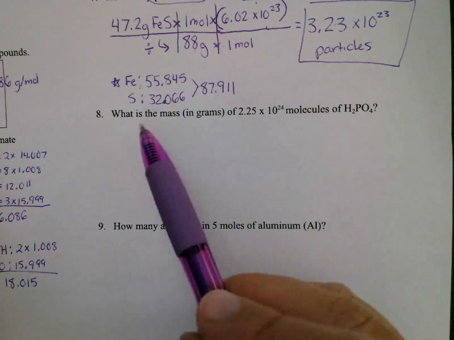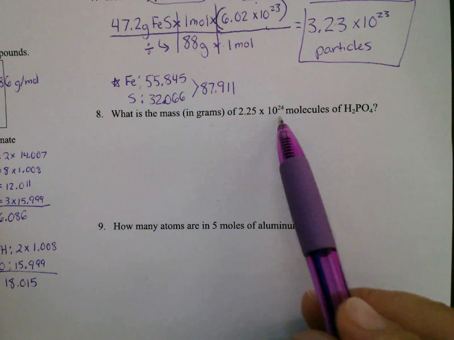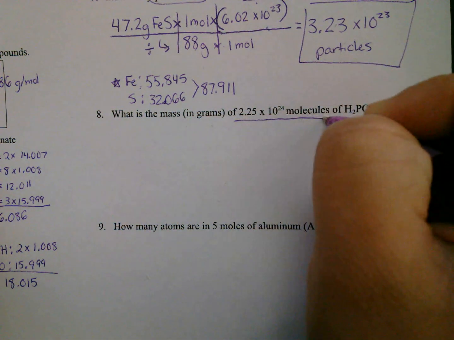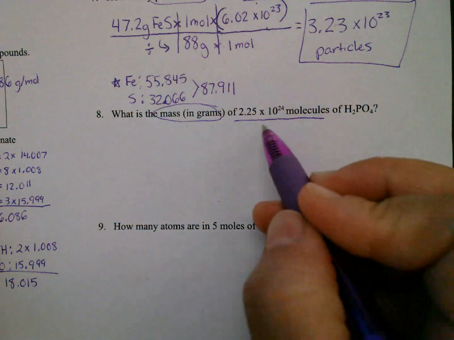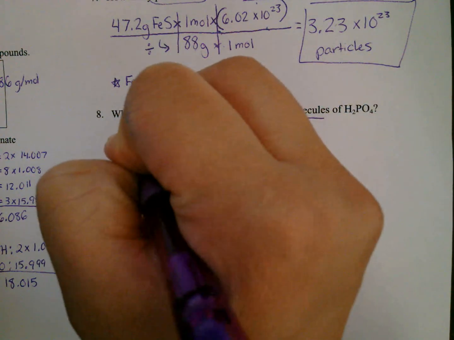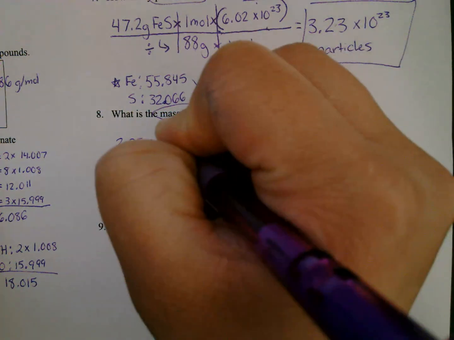Number 8, what is the mass in grams of 2.25 times 10 to the 24th molecules of H2PO4? This time I'm starting with molecules, and this time I'm looking for my mass. So always start with your given, 2.25 times 10 to the 24th.